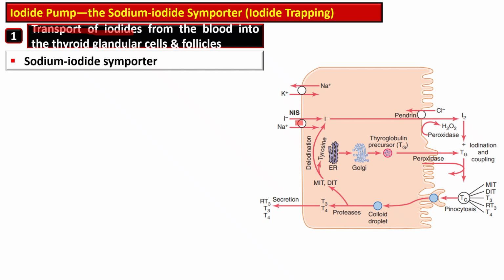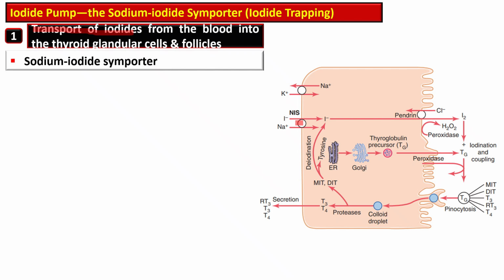This is the first step in thyroid hormone synthesis: active transport of the iodide from the bloodstream into the thyroid follicular cells. It is mediated by the sodium iodide symporter on the basolateral membrane of the thyroid cell.